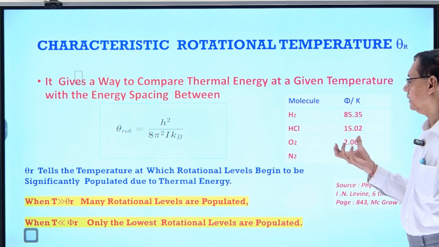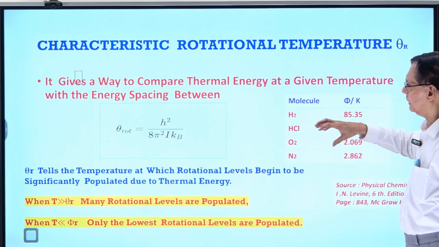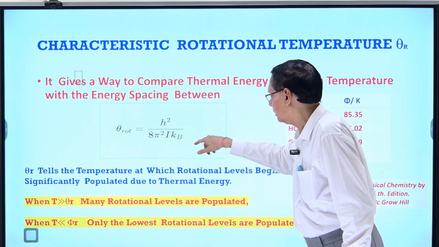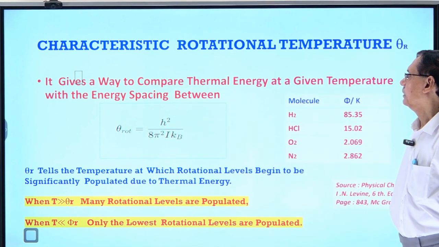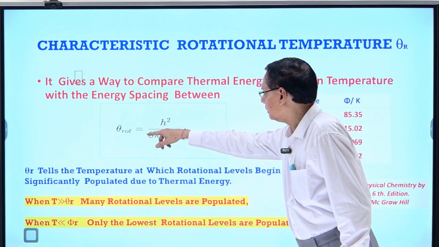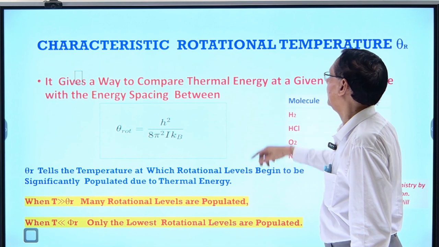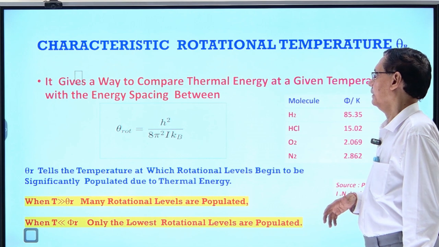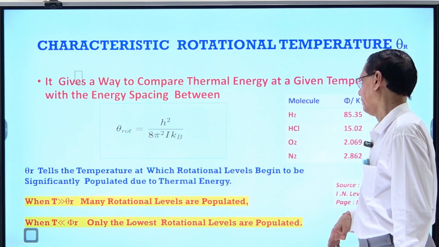Because when I substitute the value of rotational energy in our partition function equation, we will get a particular term like h square over 8 pi square I kB. In some books it is written as theta. It is called the characteristic rotational temperature. It gives a way to compare the thermal energy at a given temperature. When I conclude my lecture, you will see the importance of this characteristic rotational temperature.